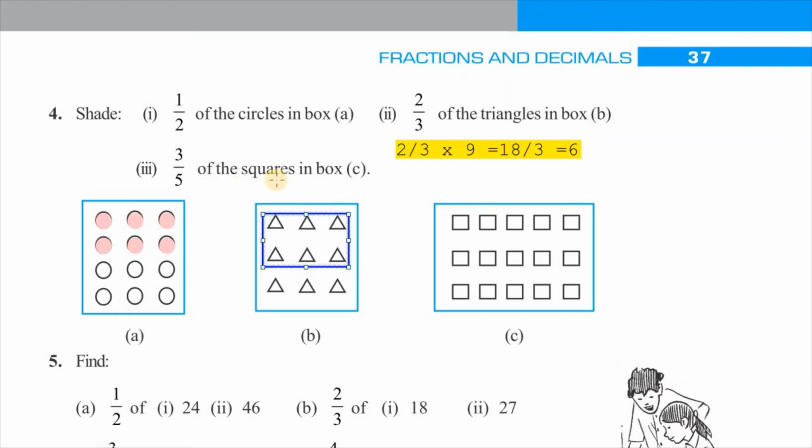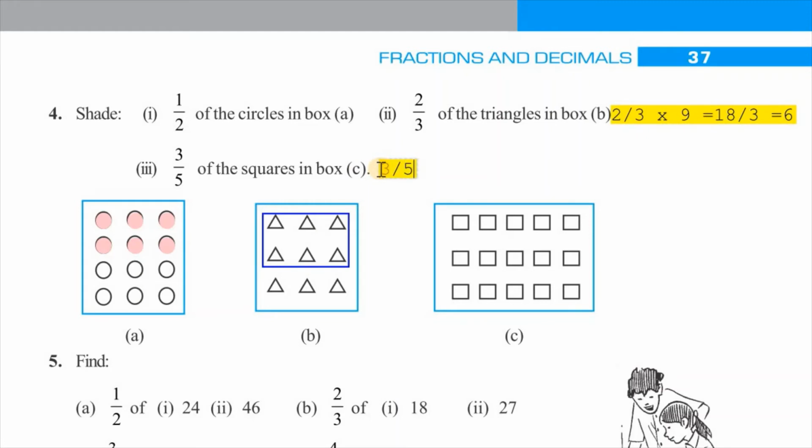Finally, we have 3 by 5 of the squares in box C. How many squares do we have here? They actually look like rectangles, but that's fine. How many of them do we have here? We have 5 columns and 3 rows. So totally we have 15. And what is 3/5 of 15? I'll just move this here. So we can answer C right here.